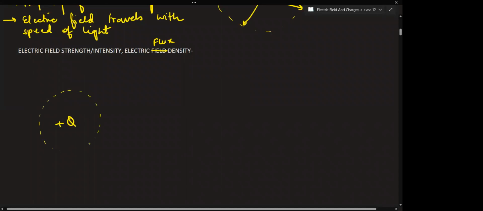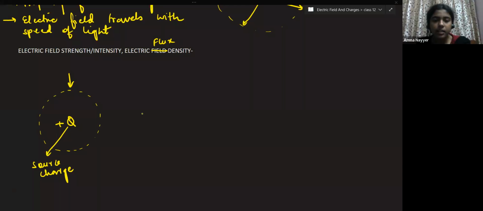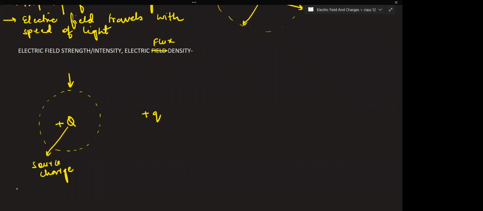Plus Q is the source charge. Now I bring a unit positive charge in the vicinity of this.